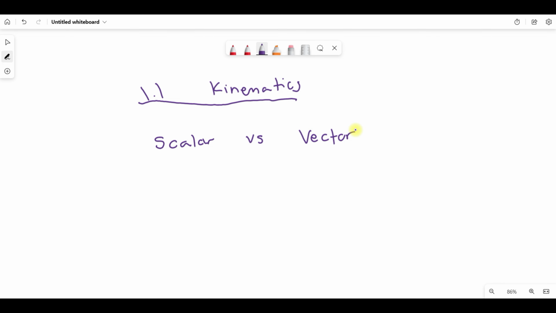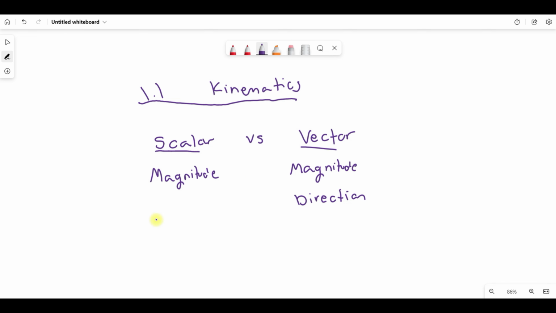If you've taken previous math classes, like pre-calc or algebra 2, which you've had to take to be in Physics C, you know that a scalar only has magnitude and a vector has both magnitude and direction.